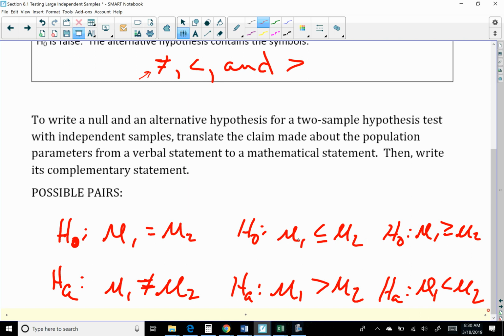Or you could have the null is that one is less than or equal to the other. And then the other option is that the mean of population 1 is greater than or equal to the mean of population 2. So again, you're comparing the parameters from two different populations. Population 1, population 2.